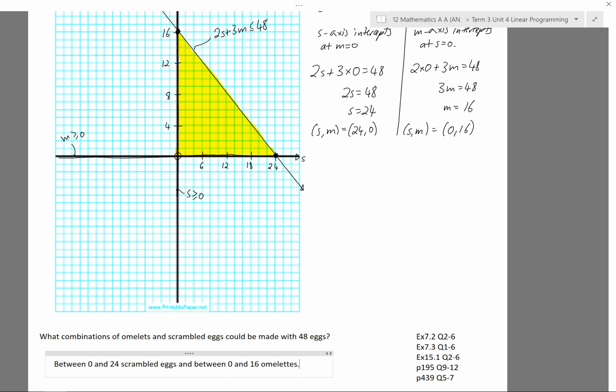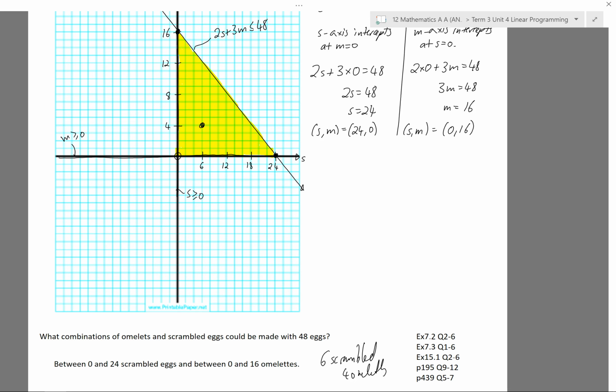And if I wanted to, I could also go ahead and just list some other random combinations. I could have 6 scrambled and 4 omelettes, for example.